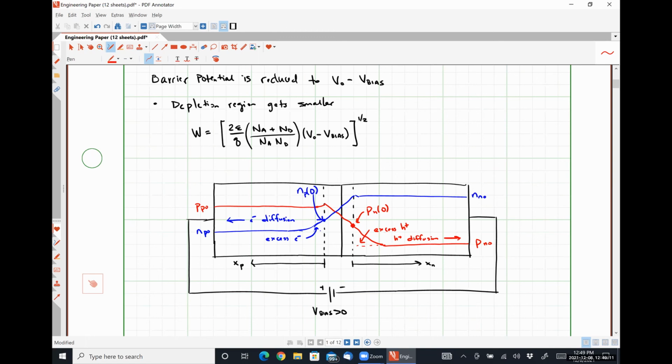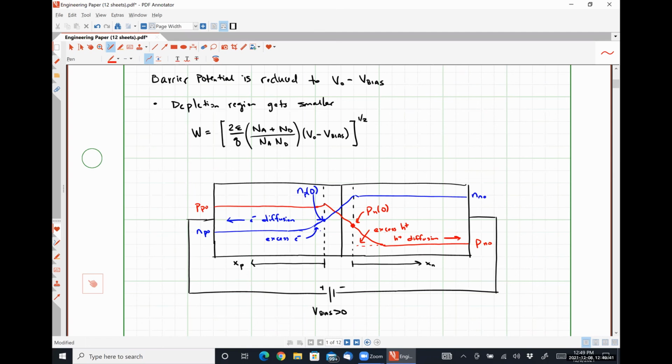Electron diffusion is to the left, which means we're going to have an electron diffusion current density also to the right. So the total diffusion current densities are going to add together, and we should observe some total current flowing to the right through our crystal. Okay.